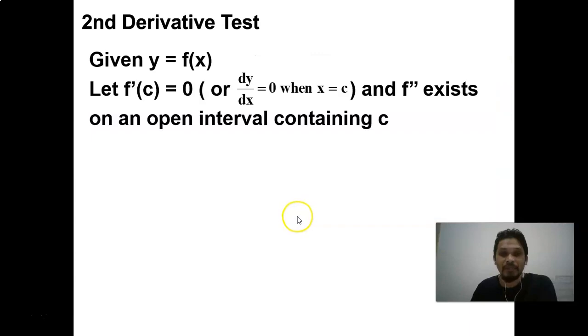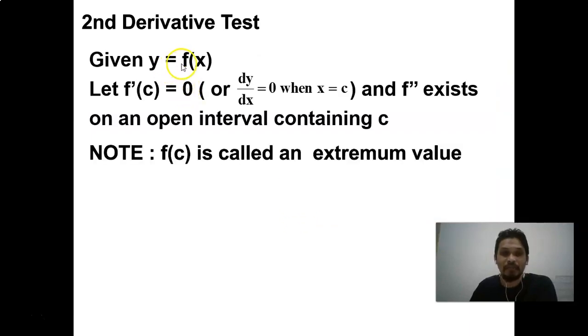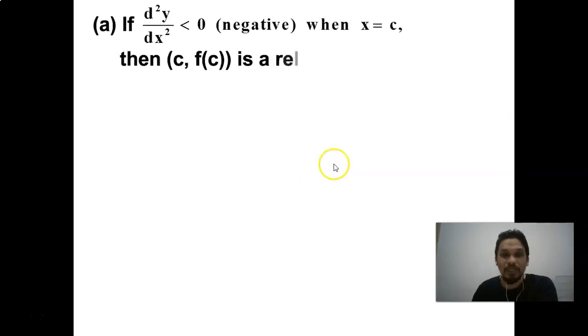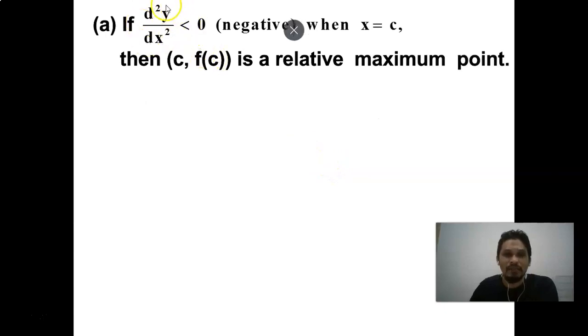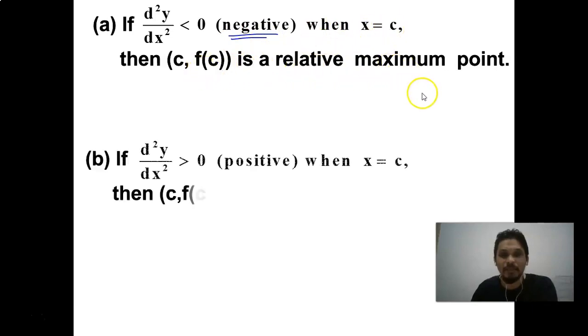Second derivative test. Let y equal f(x) and f prime of c equal 0, or dy/dx equals 0 when x equals c, and f double prime exists on an open interval containing c. Then f(c) is called the extremum value. If the second derivative of y with respect to x is less than 0, or negative, at x equals c, then this is a relative maximum point.